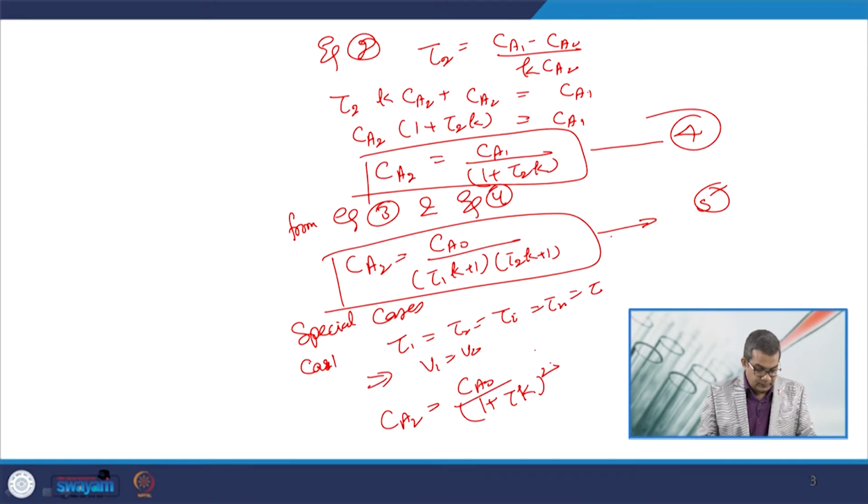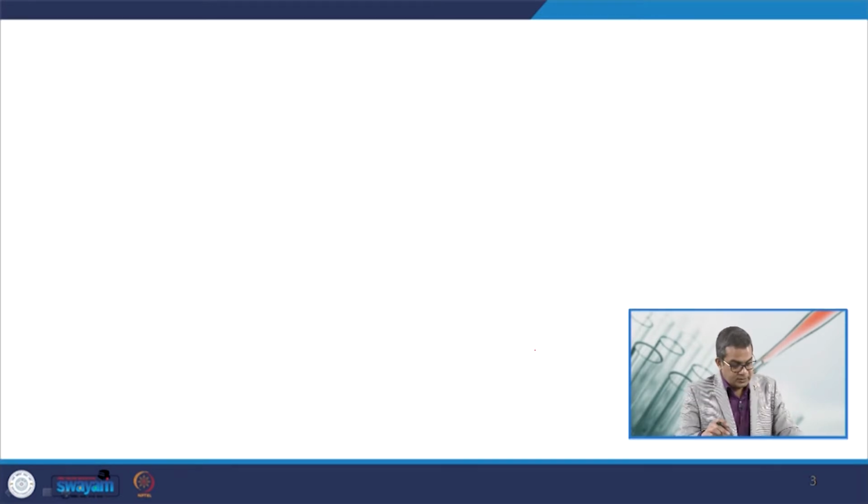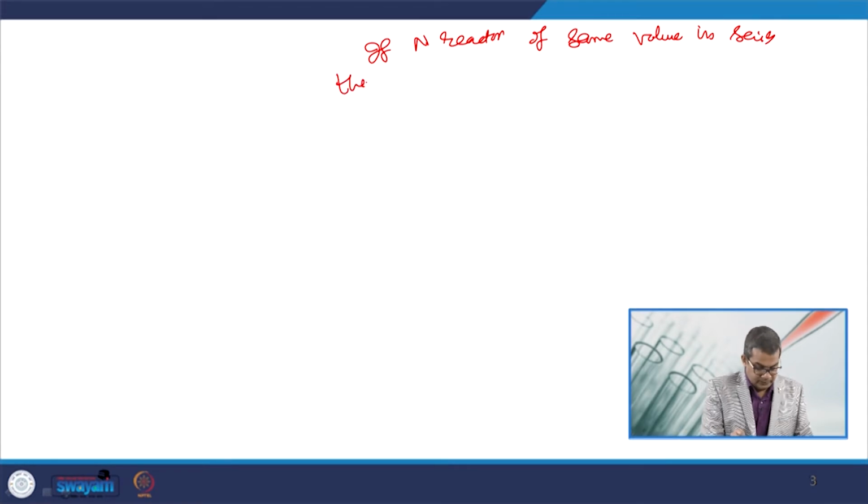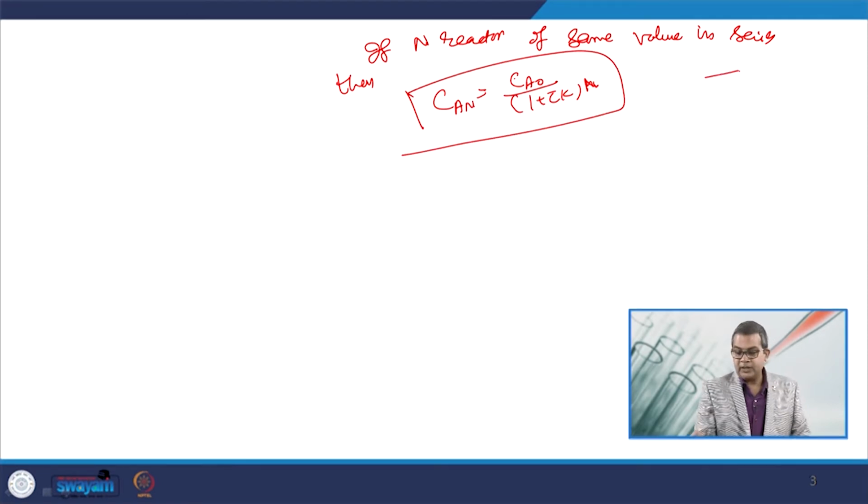Now if we say that n reactors of the same volume are in series, then Can is equal to Ca naught upon 1 plus tau K to the power n. So this is the more generalized equation.